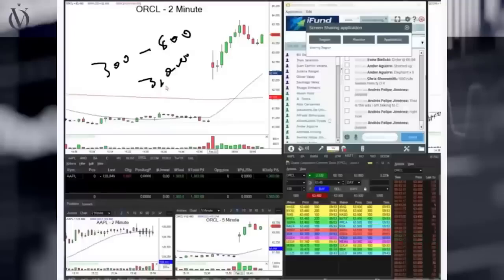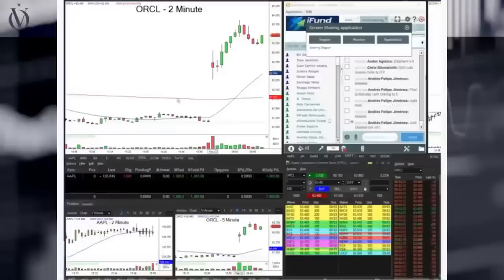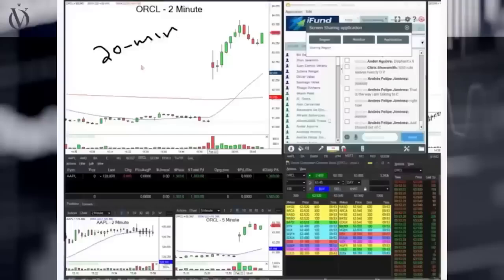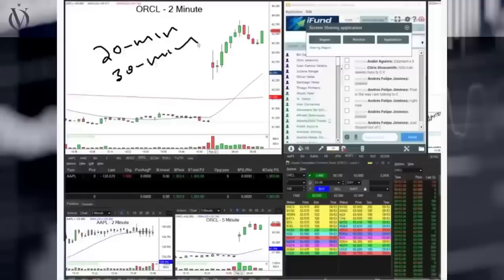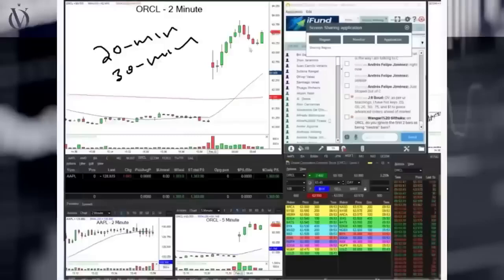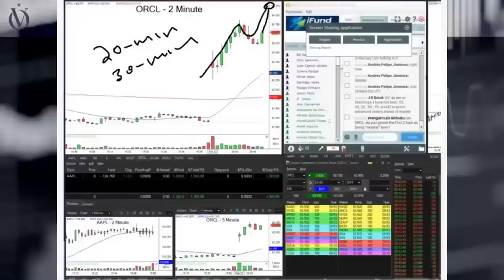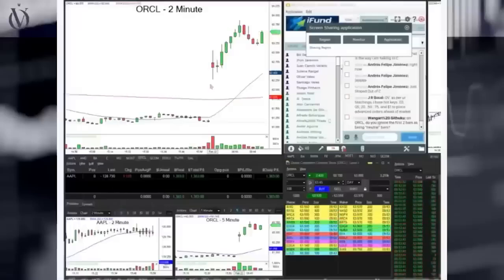It can be $3,000, depending upon the size of your account, right? So the idea is to get the whale. And the whale usually forms inside of the first 20 minutes, sometimes as much as 30 minutes. All right. So we are heading to a whale complete in Oracle, right?